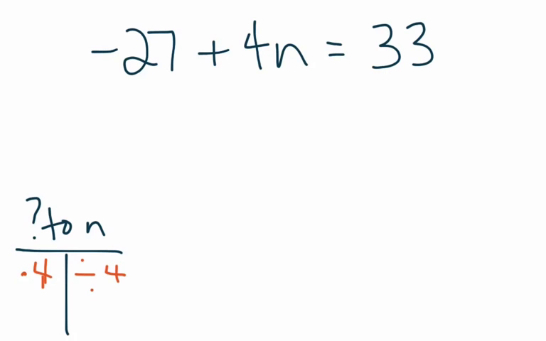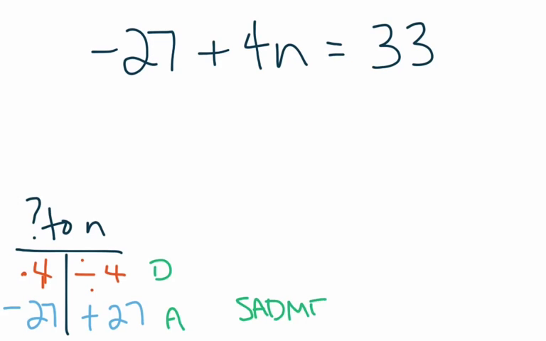The next thing that I notice is that 27 is being subtracted, because it has a negative in front of it, so that means subtraction. The opposite of subtracting 27 is adding 27. Because addition comes before division in SADMEP, we're going to add 27 to both sides of the equation. So that's going to be our very first step.